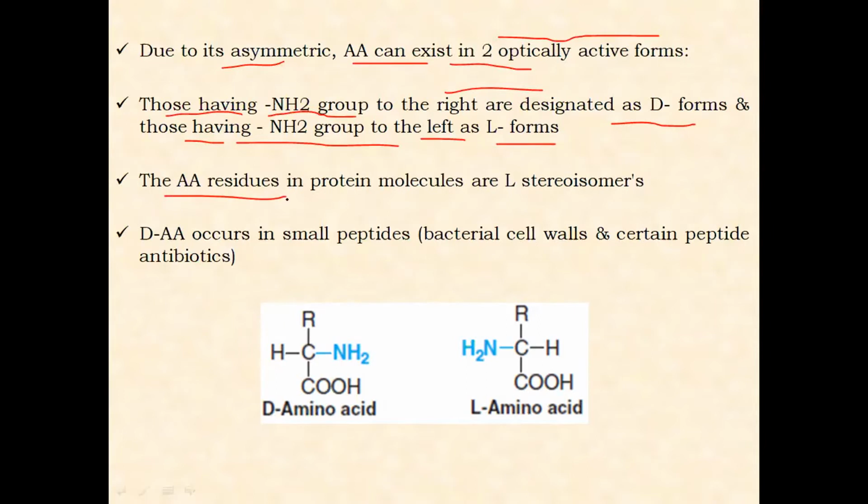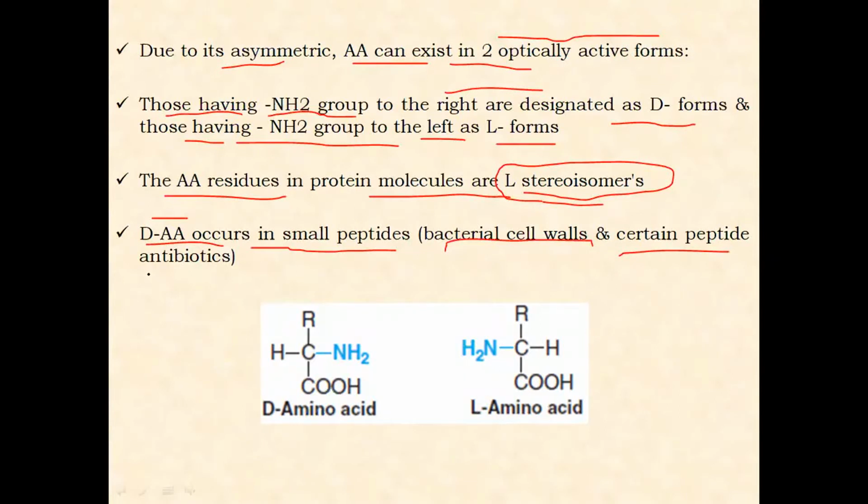The amino acid residues in a protein molecule are in the L form, or L stereoisomer. The D form amino acids occur in small peptides, for example, in bacterial cell walls and certain peptide antibiotics. So the amino acids present in proteins are L amino acids.